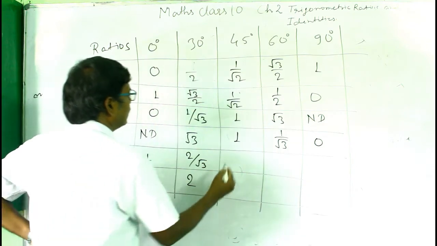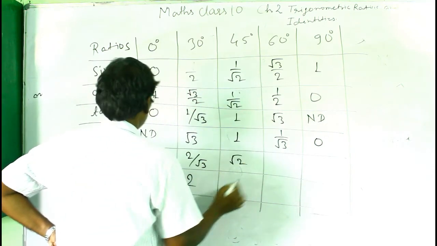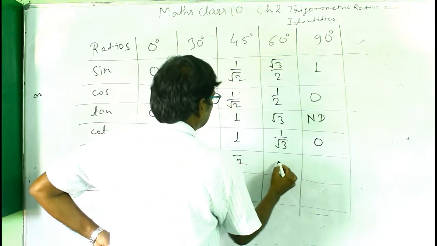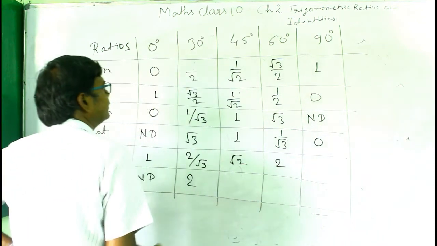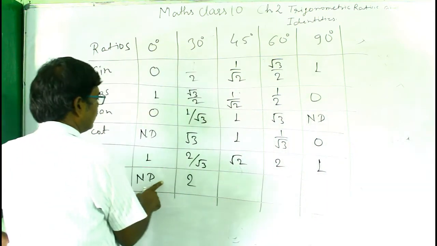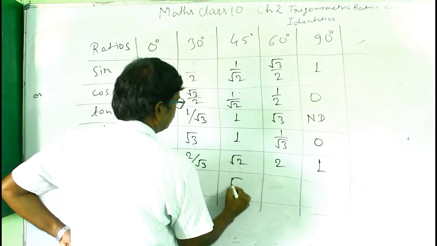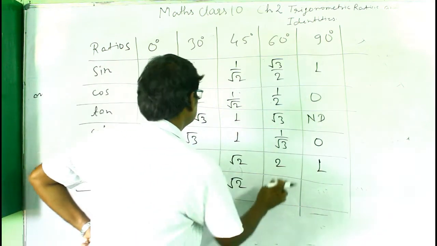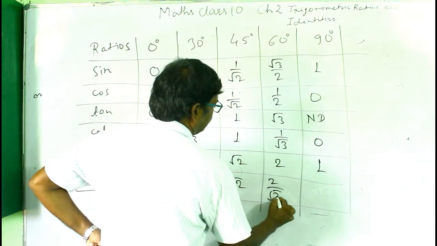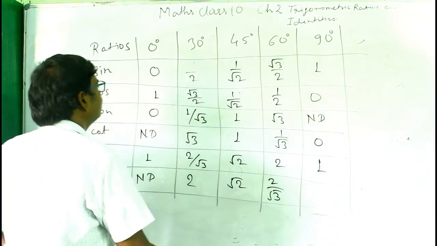Sec 45 equal to root 2, sec 60 equal to 2, and sec 90 not defined. Then cosec 45 is root 2, cosec 60 equal to 2 by root 3, and cosec 90 degree equal to 1.